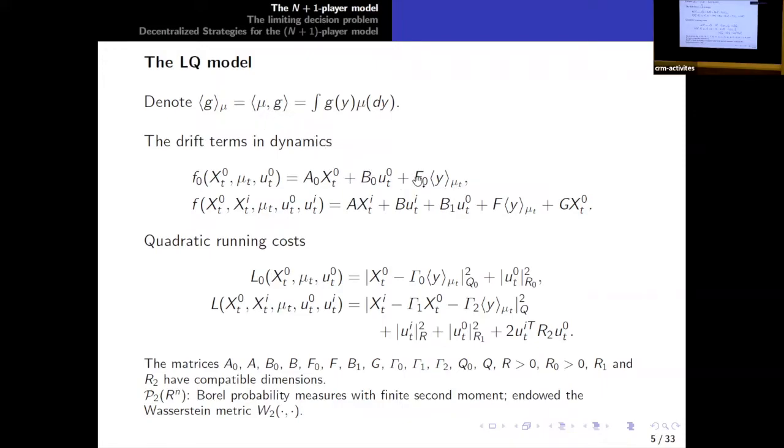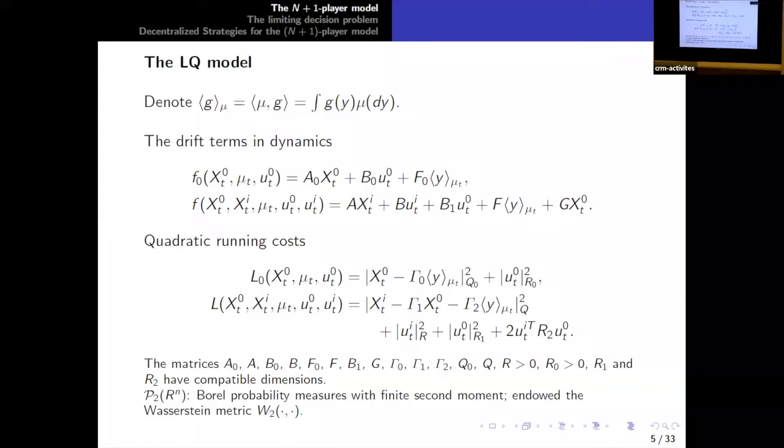Basically for this bracket term, it means the first moment of the mean field. Here we use this notation: when you have G here and then the subscript, it means you average this G. If you just have the state Y, you average. It means the first moment of the mean field.